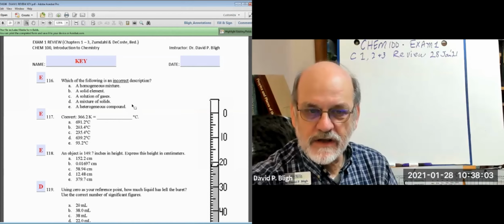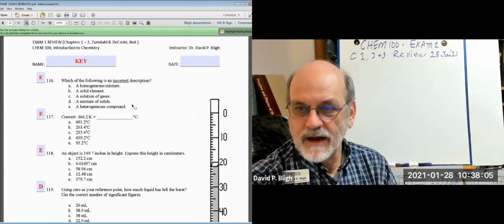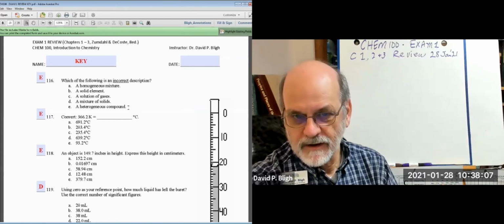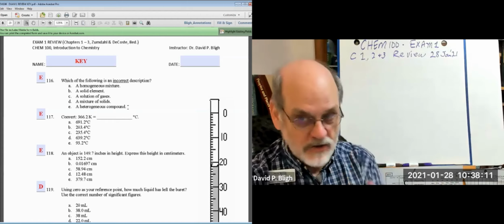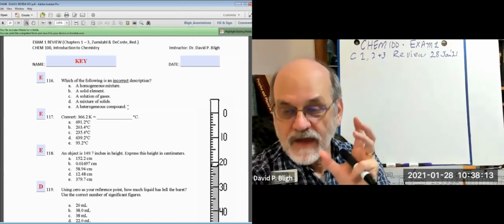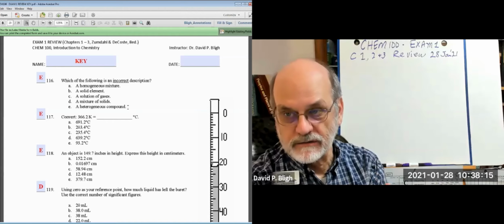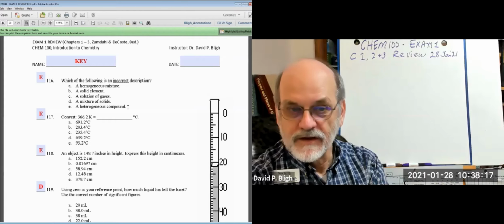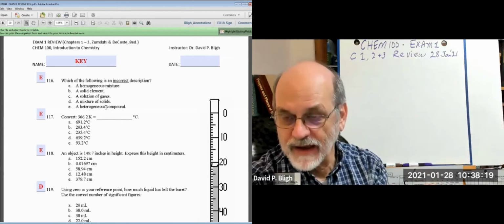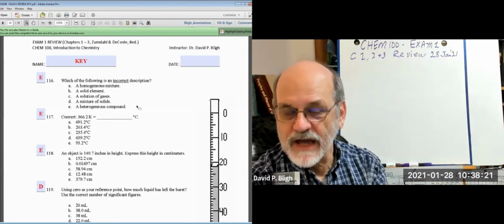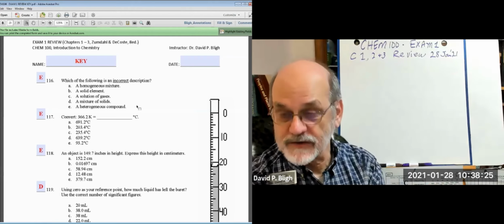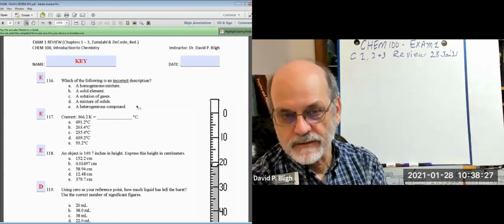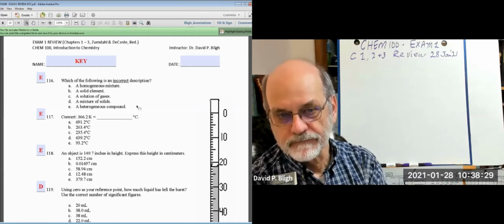A heterogeneous compound. That does not work. If you have a compound and you've said nothing else about it, the compound is pure by definition. So you can't have a heterogeneous compound, because a compound is uniform by mass. I explained this in chapter 3.